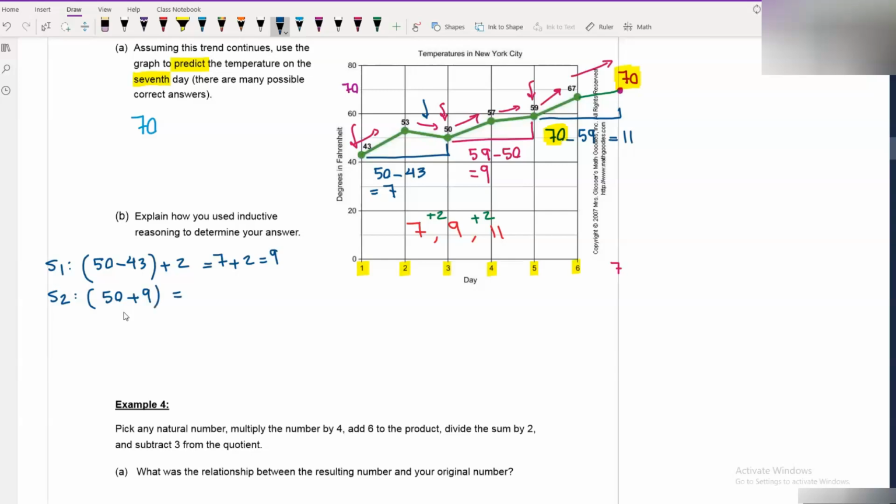This is 59, which is the 5th number. Step 3, 59 minus 50 plus 2, to find the third difference, which is 11. Step 4, to find temperature for 7th day, 59 plus 11 is 70. Again, this is not the only pattern that we can follow.